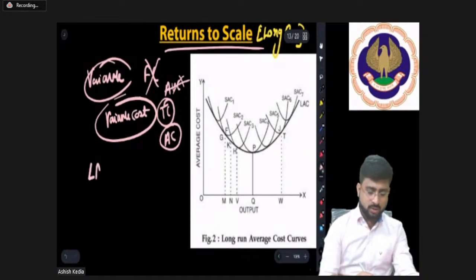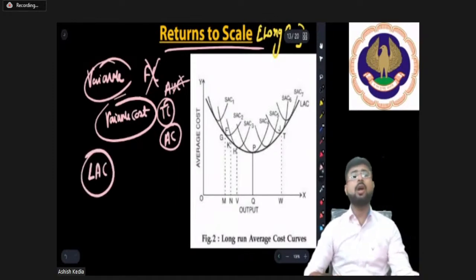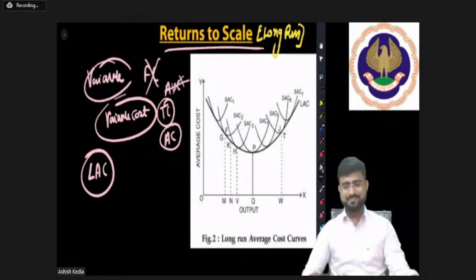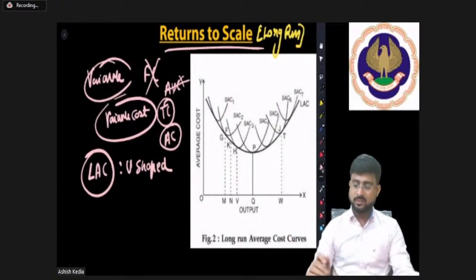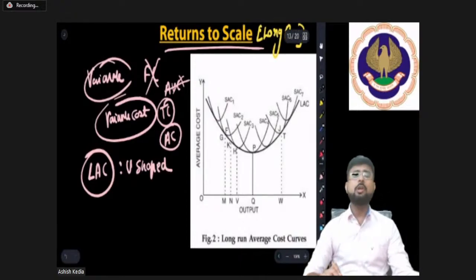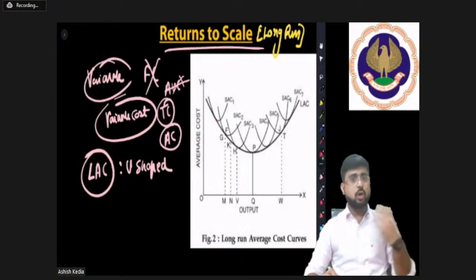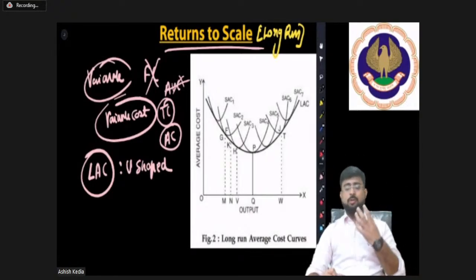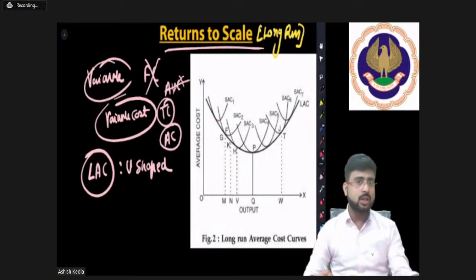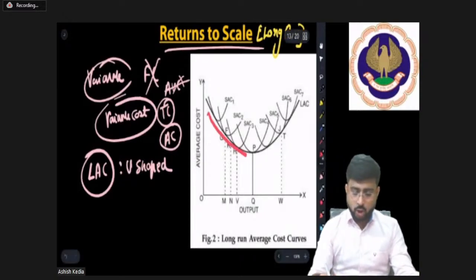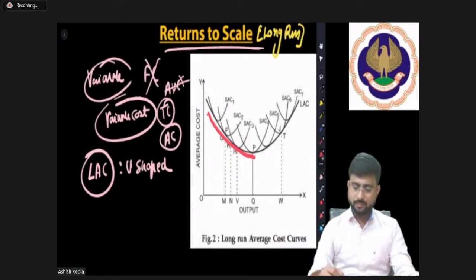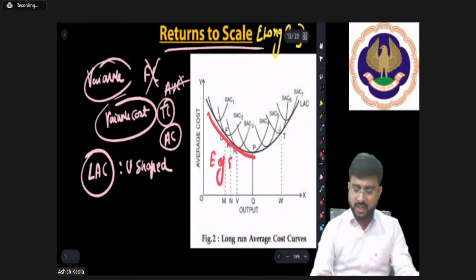So how does the long run average cost curve shape? It's U shape. They'll ask you why. When you operate on a large scale in the long run, there are benefits called economies of scale, and therefore the cost falls. These are advantages.